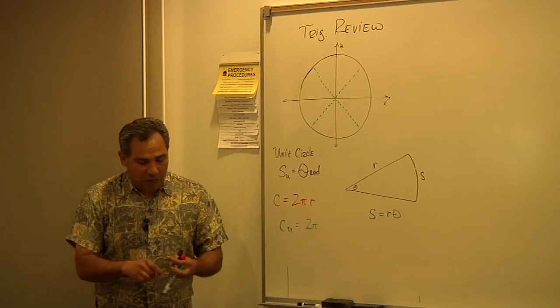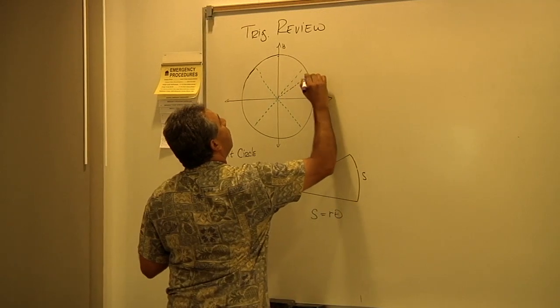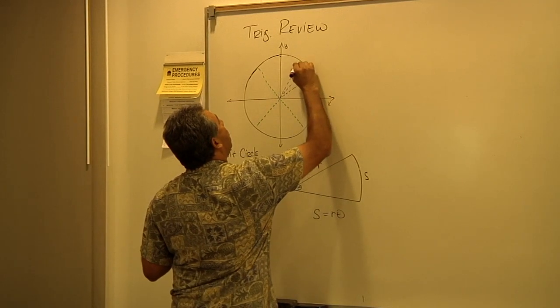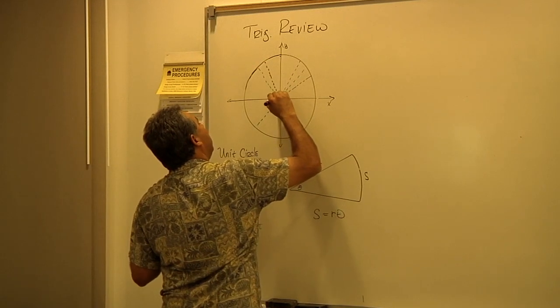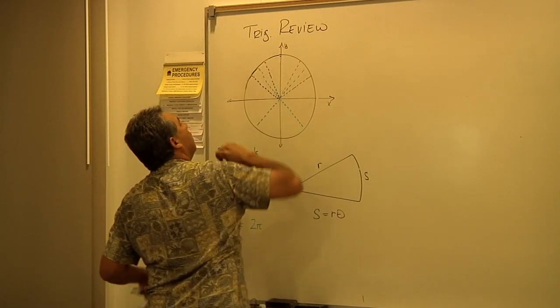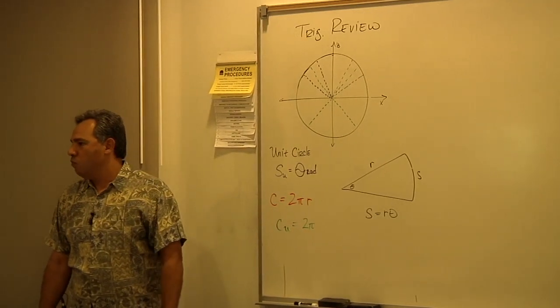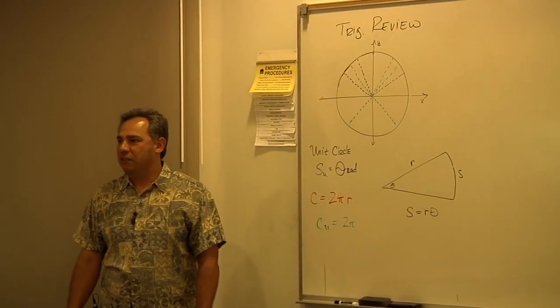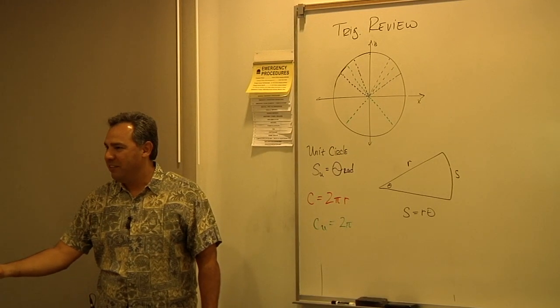Now, the other lines you have on the unit circle, the little thin ones, these are marking off the 30-degree angles. But in terms of radian measure, 30 degrees has to equal how many radians? Okay, why is it pi over 6? Why is 30 degrees pi over 6? Because it's 1/6 of pi, right?